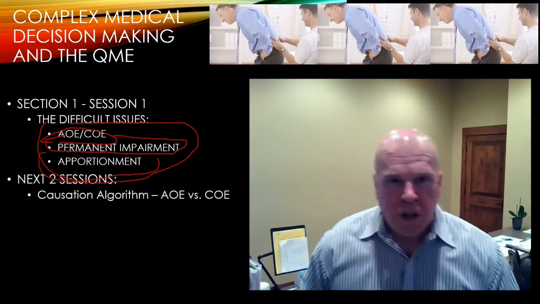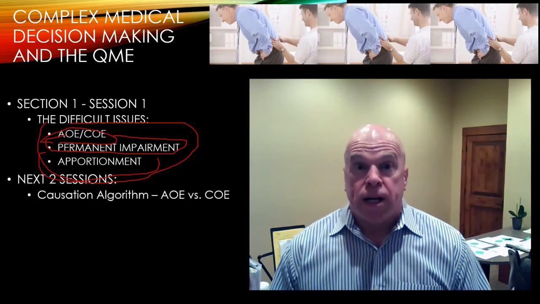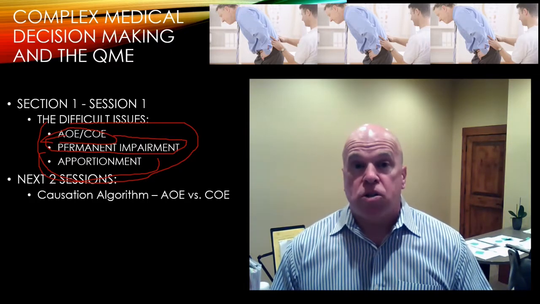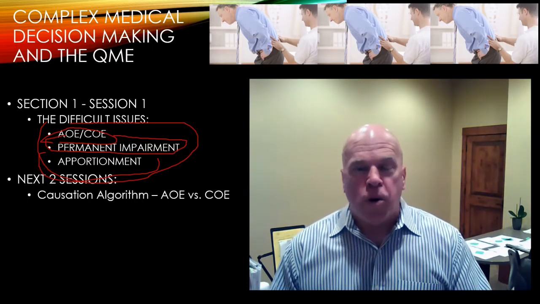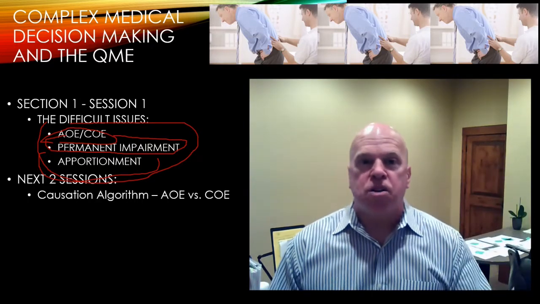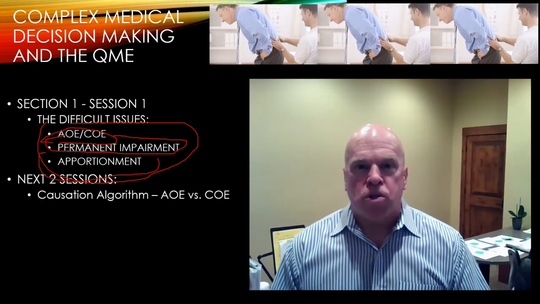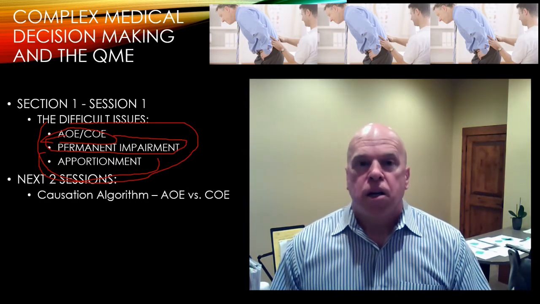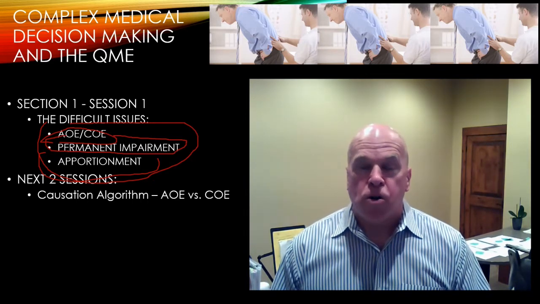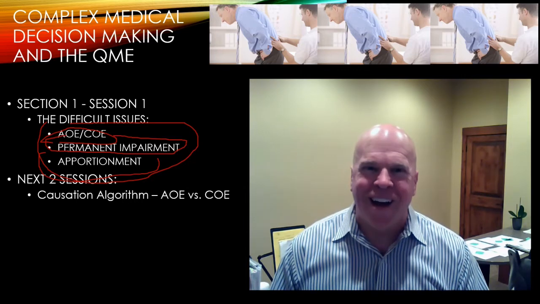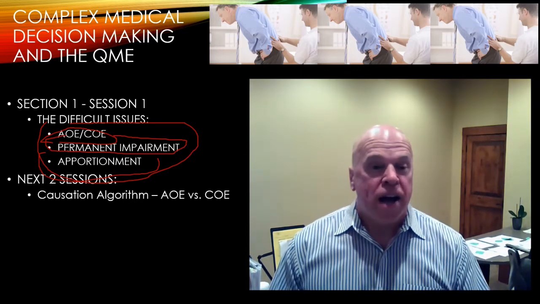So we spent 2 entire sessions on how to arrive at a true and accurate and appropriate determination for AOE-COE in the specific and difficult scenario which involved the post-employment cumulative trauma injury claim, which is a claim that currently is flooding the desks of qualified medical evaluators throughout the entire state of California.